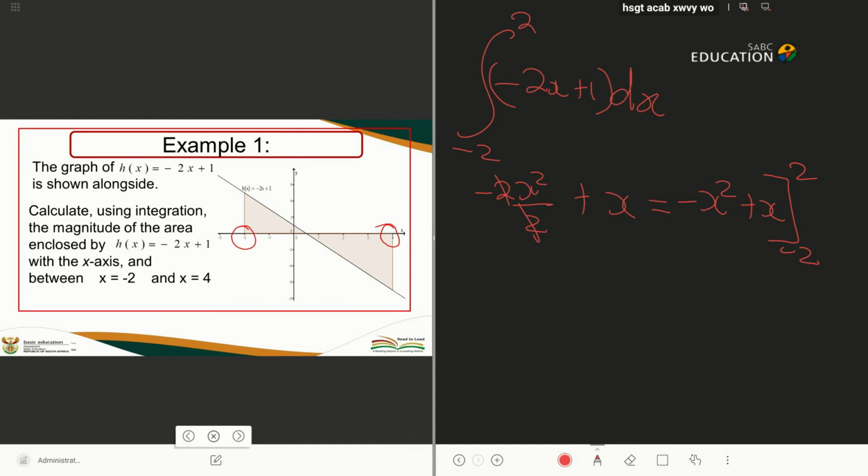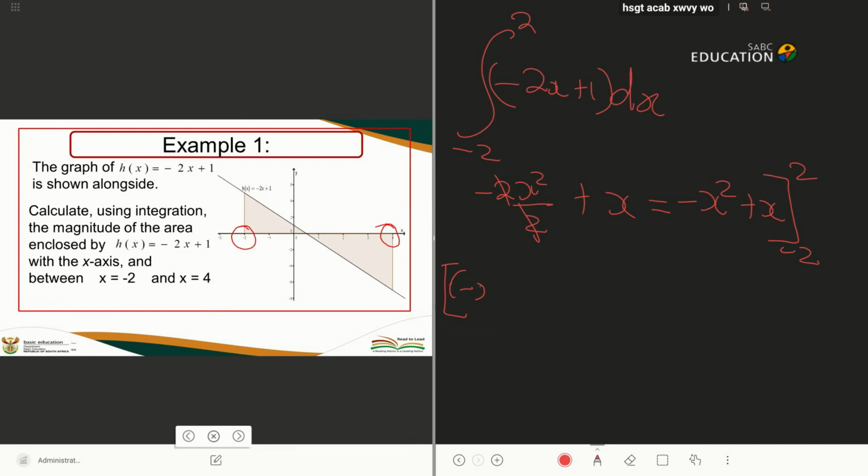After you have determined your integral, you can subtract the lower limit from the upper limit. Our lower limit here is negative 2.